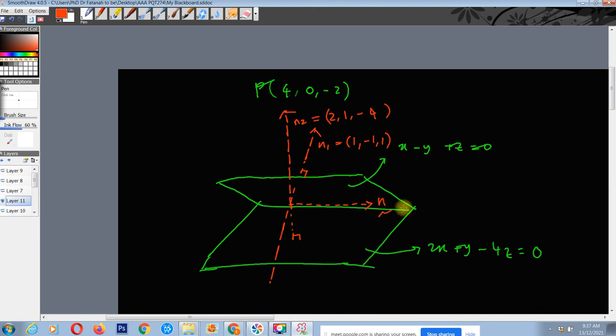They want a plane that is perpendicular to this plane, so this line is perpendicular to the new plane.